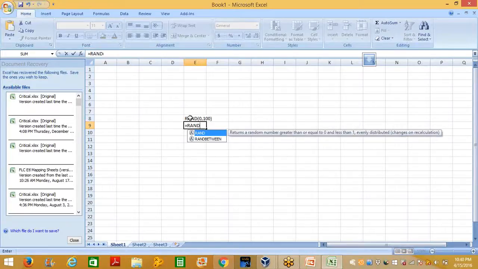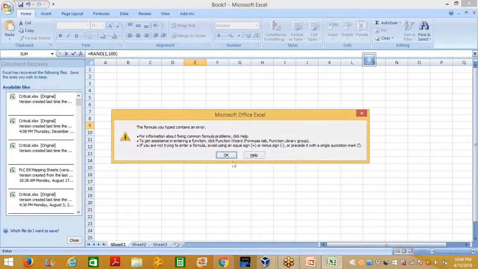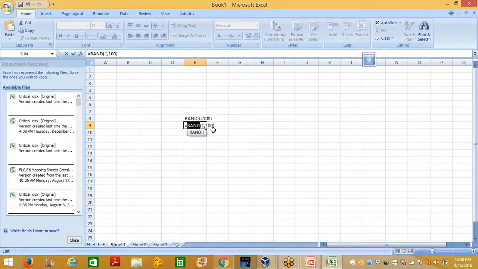So it changes on recalculation. So here I specify something like rand. Rand of 1, 100. I don't know whether this will work or not, but I'm just checking. Rand of 0, 1.